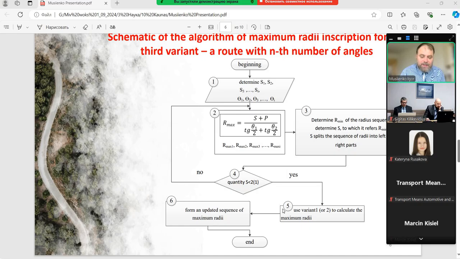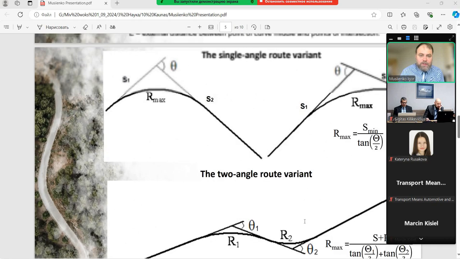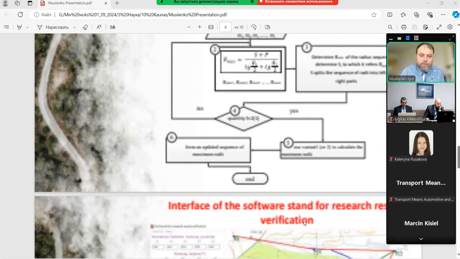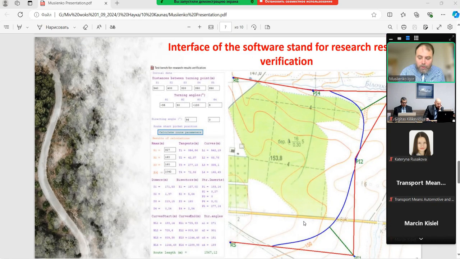But this algorithm is based on the previous two variants. On the basis of this algorithm, software stand for research results verification has been created.